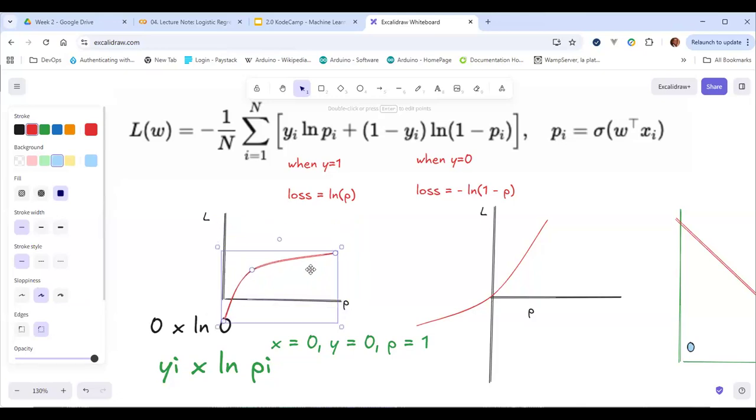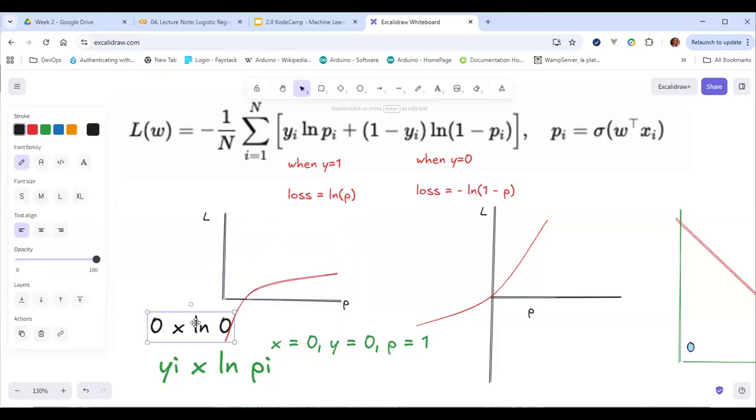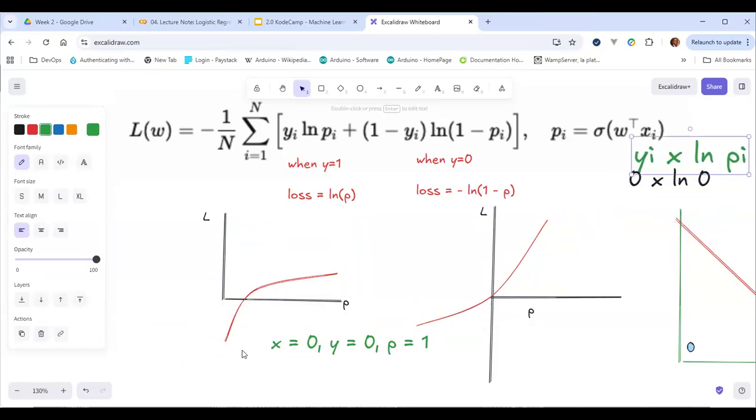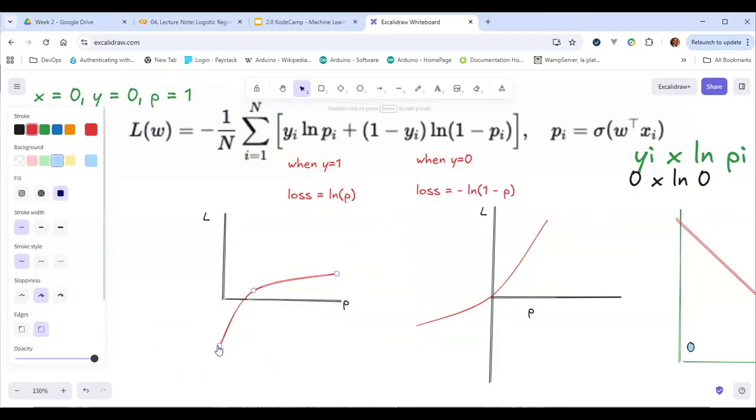It's actually a curve that starts somewhere, and it passes through x equals 1. So the interesting thing is that the loss is 0 when p equals 1, because ln p is 0, and then it keeps going. But this is a positive value.